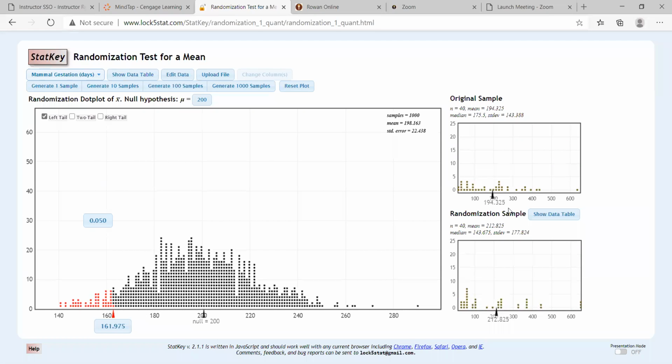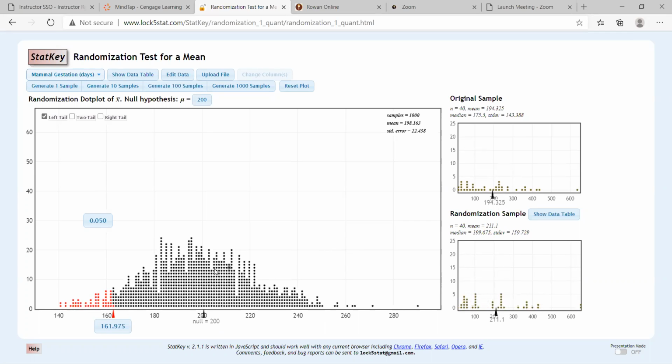In this case, it's 194.325. So that's obviously in the black area. So in the red area here, this is the reject region. And then the black area is the do not reject region. So it looks like 194.325 is in this do not reject region. And we're going to not reject the null hypothesis.